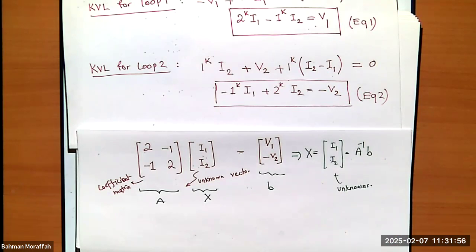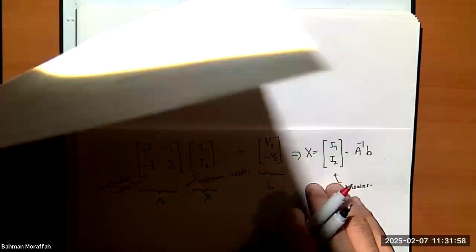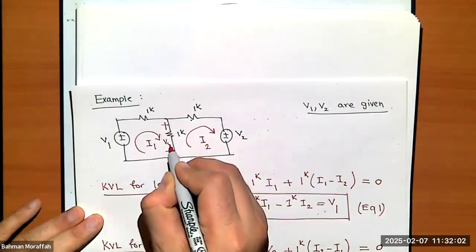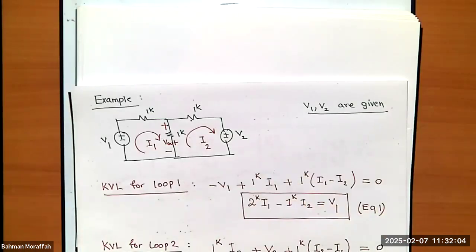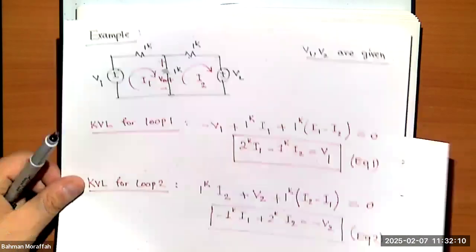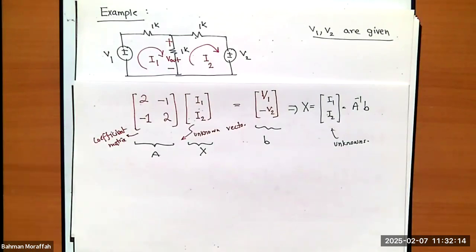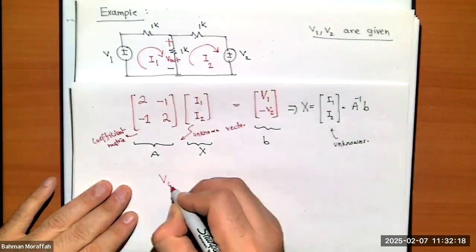Let's say the voltage across this guy is Vout. What is Vout? We solve for I1 and I2, so we know exactly what it is.